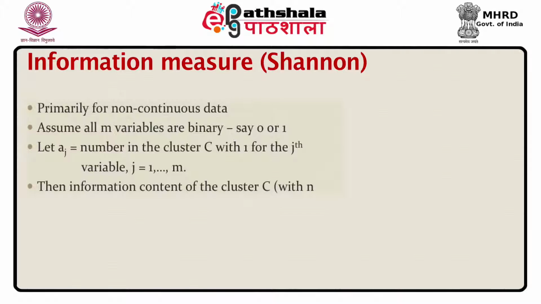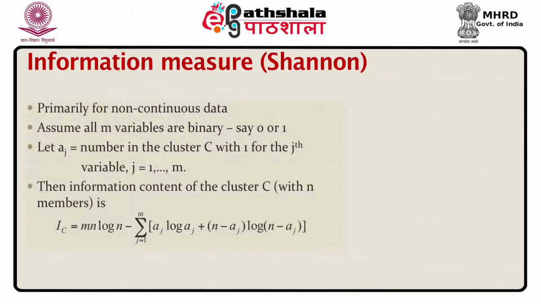The remaining, of course, would be zeros. So n minus Aj would be the number of zeros for the jth variable. Then the information content of the cluster C with n members is IC equals mn log n minus summation Aj log Aj plus n minus Aj into log of n minus Aj.